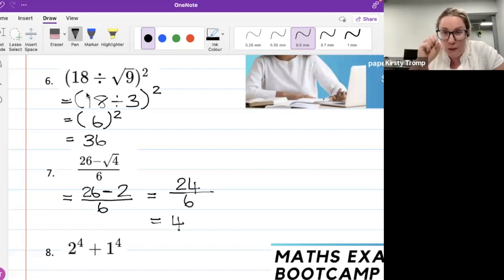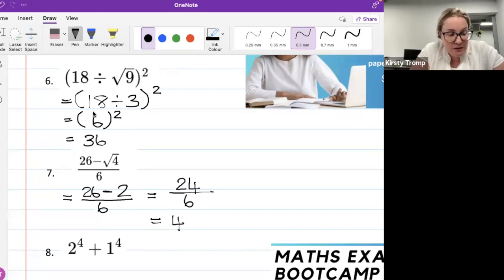So in my bracket, what's happening? I've got 18 divided by, what is the square root of 9? It's 3. Still doing inside my brackets. I leave my 2 on the outside because I'm bringing it down from the previous line.